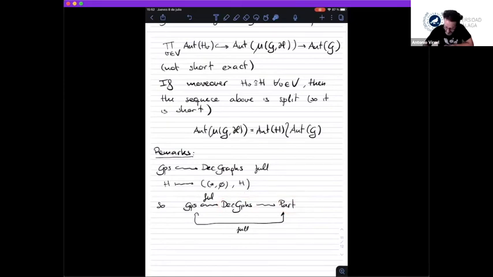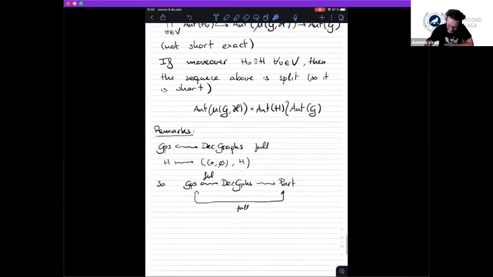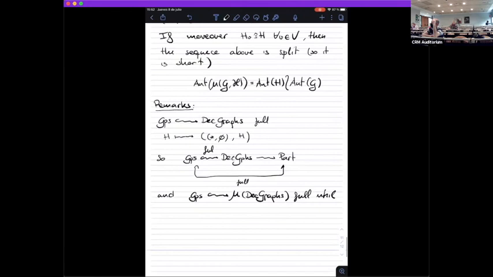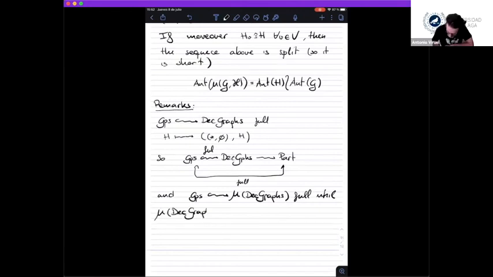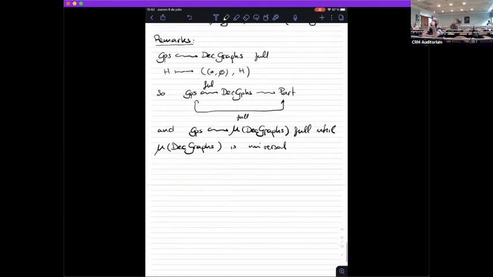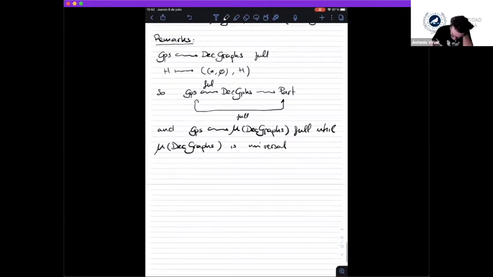So groups and graphs get into M of decorated graphs, full, while M of decorated graphs is universal. So let me just quickly prove it.